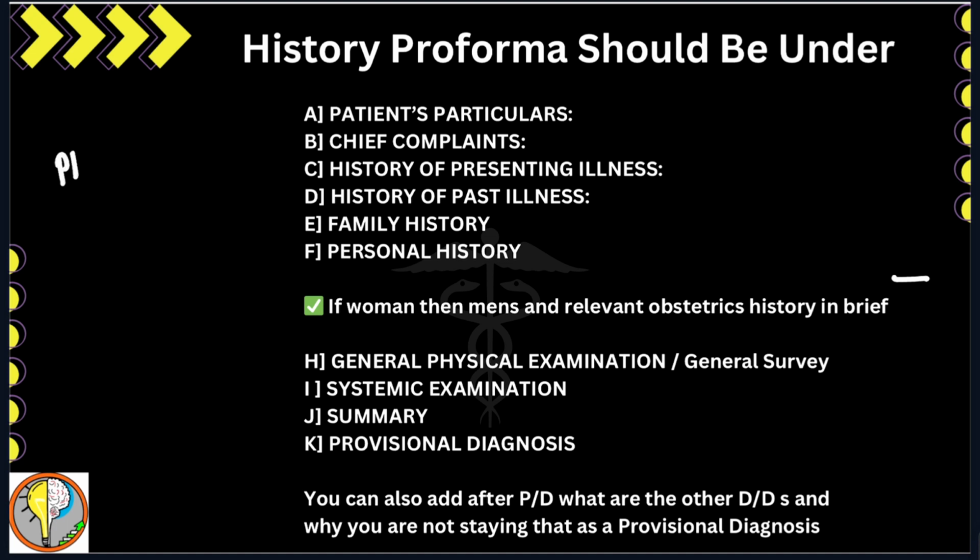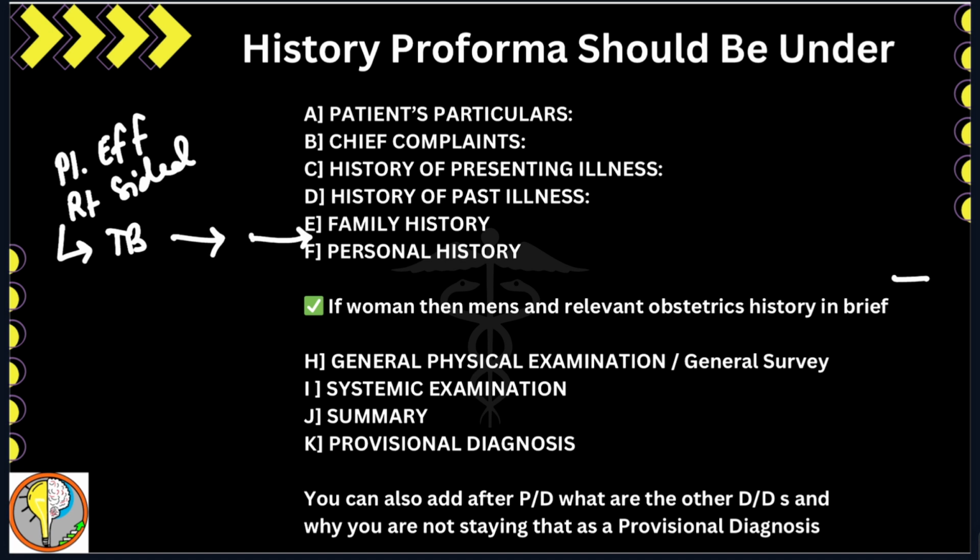Suppose you have a pleural effusion, which is right-sided, and it is due to a tubercular origin. So you will write this is a case of right-sided pleural effusion due to tubercular origin, and the points in favor are that he or she has a history of weight loss, night sweats, and contact with a tuberculosis patient. In the differential diagnosis, you will mention why you have ruled things out.